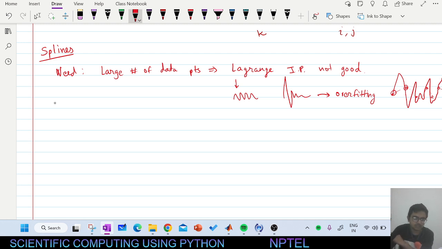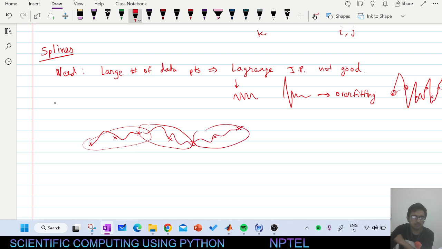So what splines do is that rather than considering all the data points at the same time, it takes some data points and makes some curve, then takes the next bunch of data points and builds some curve, and then the next bunch, and then imposes some condition such that this slope should be the same or the second derivative should be the same, etc. So this is smooth, and wherever they are getting patched, it ensures that that is also smooth.